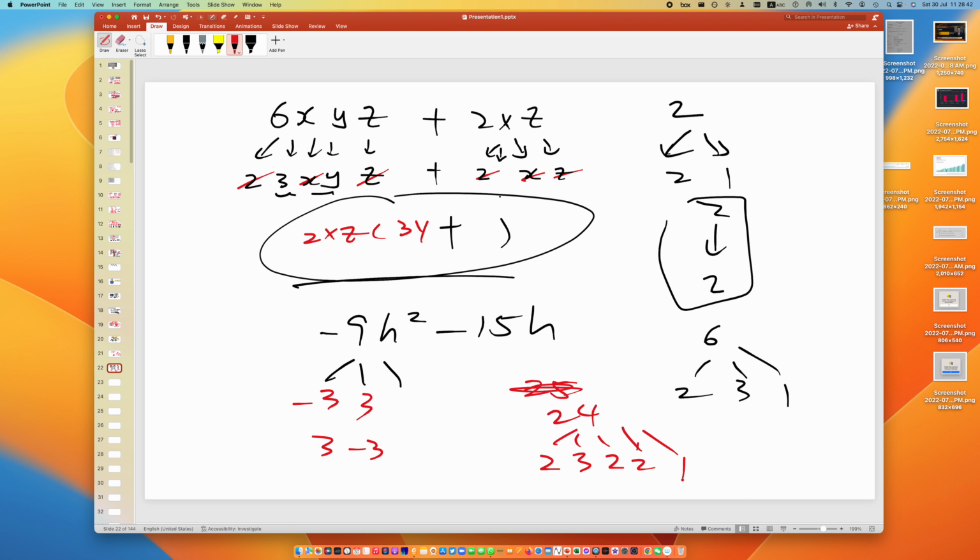Yes or no? The answer is no. Why no? Because negative 6 times 1/3 plus 4 is still not negative 5. Exactly. This should be your reasoning. And you give me the first attempt equation.